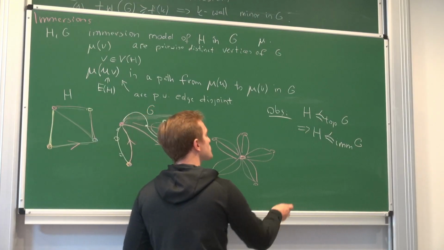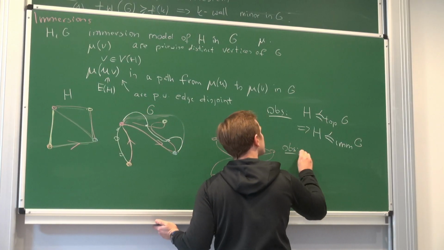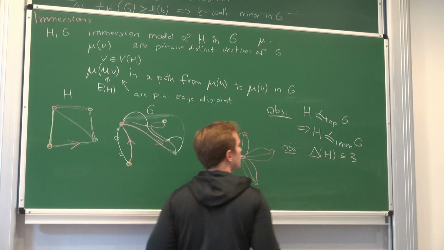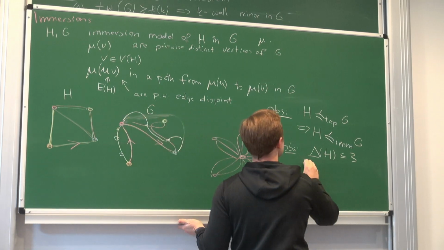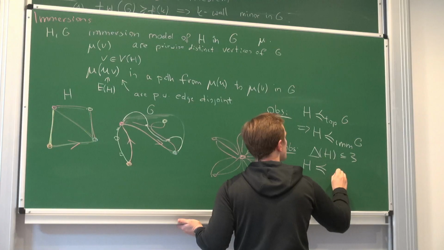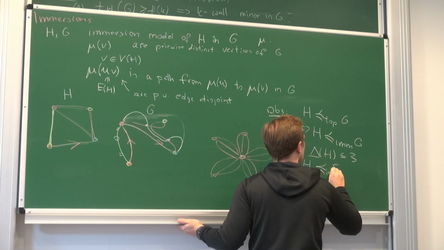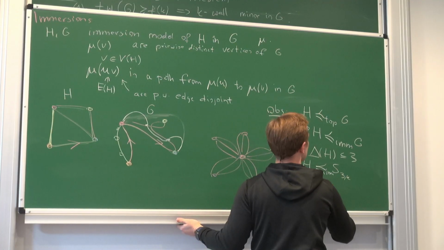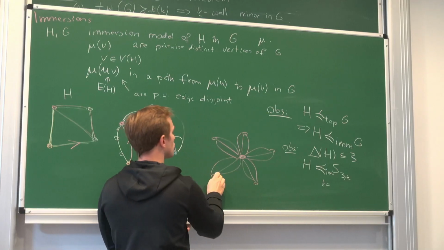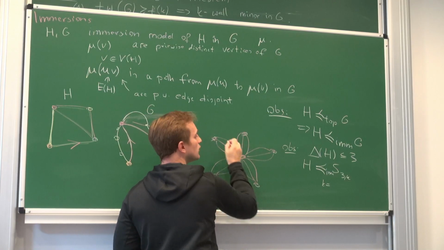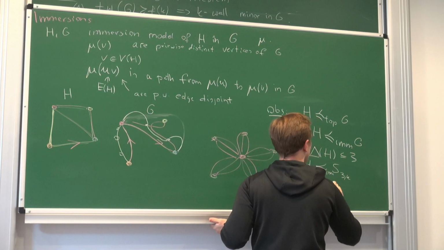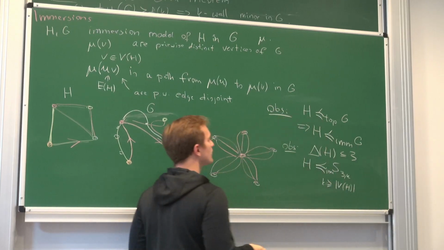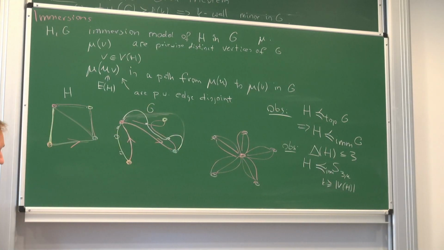However, one observation can be made: if the maximum degree of H is at most 3, then H immerses in this triple star for large enough K. K is the number of those peripheral vertices here, at least the number of vertices of H. And it's clear how to do it.